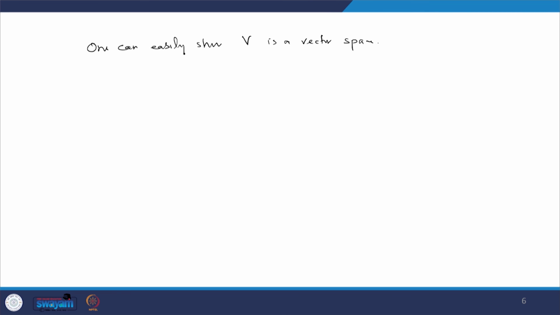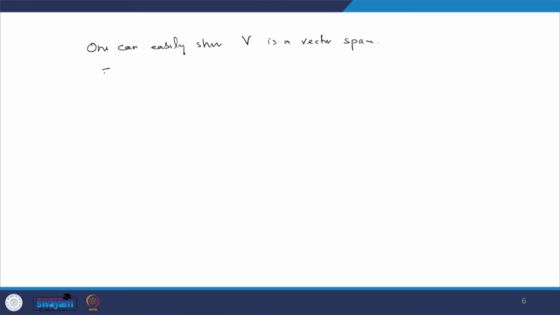See, if I take f1 and f2 as any functions from V, f1 plus f2 of s is equal to f1 of s plus f2 of s. This belongs to the real numbers, because f1 of s belongs to the real numbers and f2 of s also belongs to the real numbers. So, f1 plus f2, which is defined from set capital S to R, is again a function.